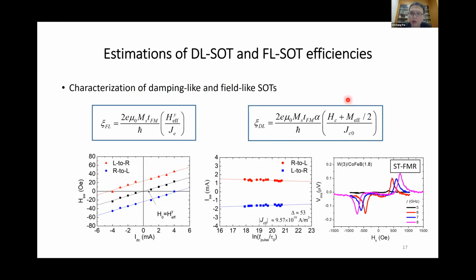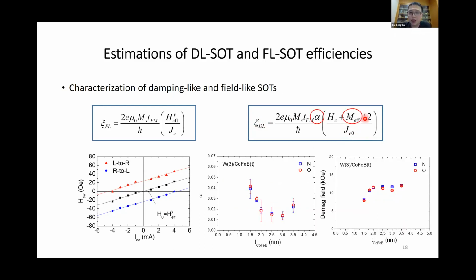We use this equation to estimate the spin-Hall angle, or the damping-like torque efficiency. So you need some extra information. For instance, the demag field of your ferromagnetic layer, and also the damping constant of your ferromagnetic layer, or your heterostructure. So in order to extract that information, you have to do extra measurements.